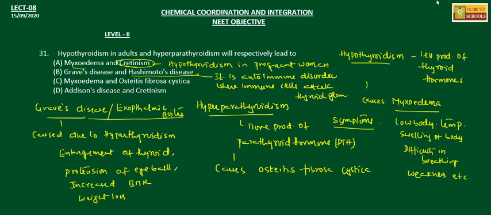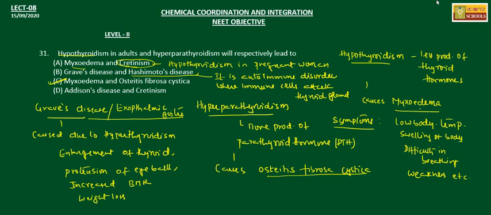Then the C option: hypothyroidism is concerned with the myxoedema condition, and hyperparathyroidism is concerned with osteitis fibrosa cystica. So it means the C option will be the right option.